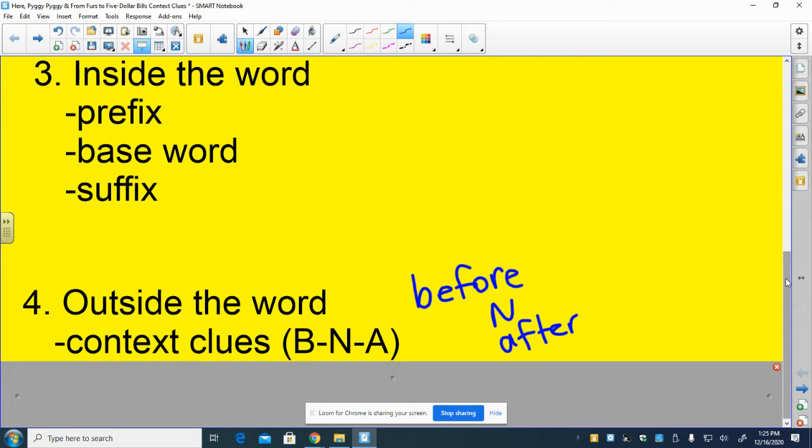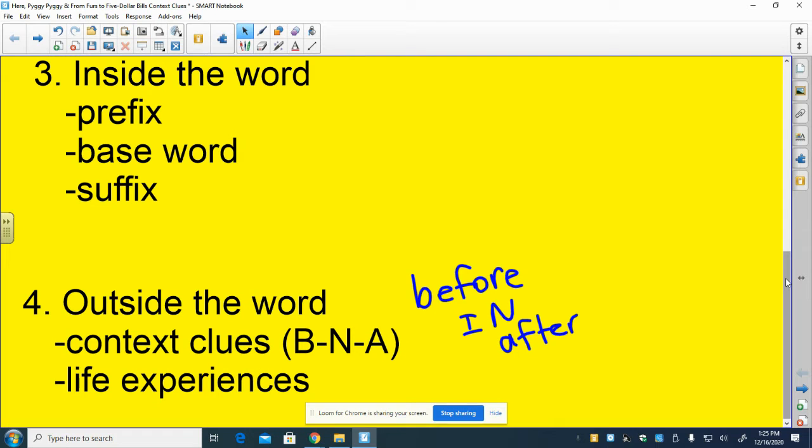And the reason why I'm not saying and after, I want it to have B and A because to find context clues, you need to look in the sentence before the unknown word, the sentence that the unknown word is in, and the sentence after the unknown word. And you may need to connect to your life experiences, to your prior knowledge about what you are reading about to help you figure out that unknown word.